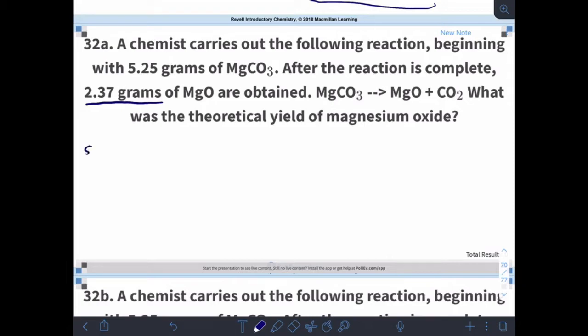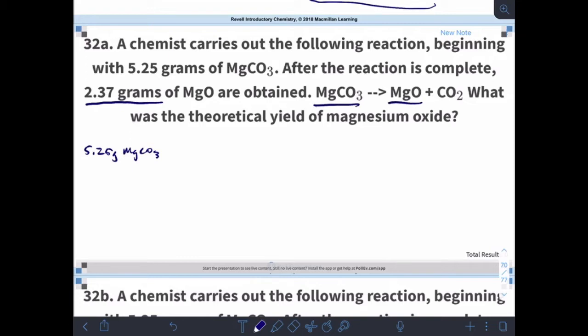5.25 grams of magnesium carbonate. We've dealt with this particular reaction in a previous video, so I'm not going to go back and go through the process of calculating the molar mass of magnesium carbonate. But suffice to say that if I need to go from magnesium carbonate to magnesium oxide, I need to use a mole ratio.